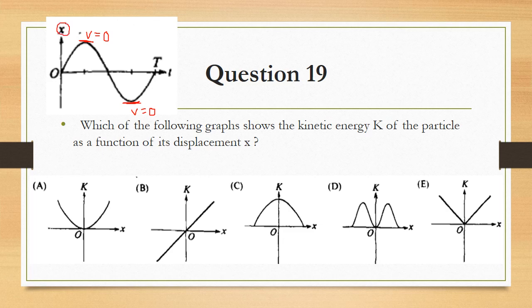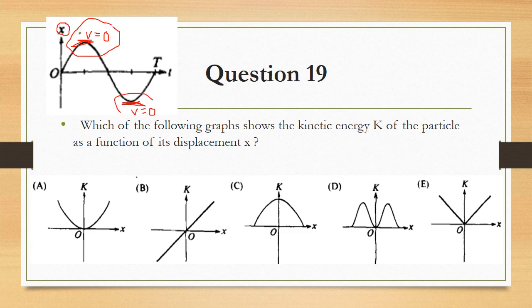So if position is being graphed here on the vertical axis, then what is true about position at this moment at the top and then at this moment at the bottom? Well, that is the largest or the most positive position. This is here at the top. And at the bottom, that is the most negative position anywhere in the path.